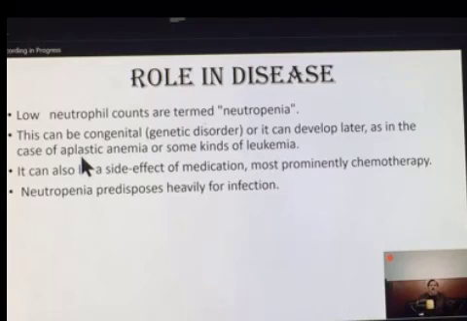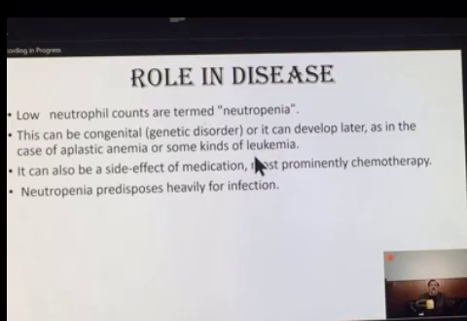Aplastic anemia is when there is destruction of the bone marrow, and there are many factors which are responsible for the aplastic condition of the bone marrow. And in leukemia, a large number of white cells are produced, so they occupy all the lymphatic organs like the spleen, liver, the tonsils, the lymph nodes, and the thymus, and also they occupy the bone marrow.